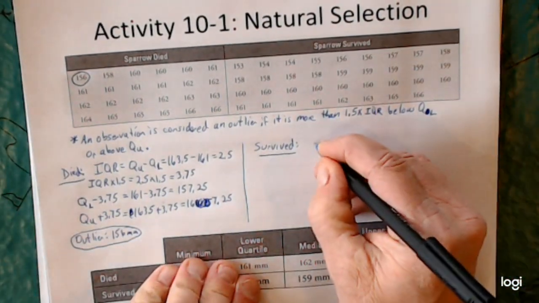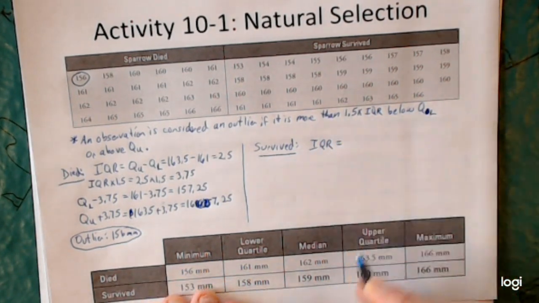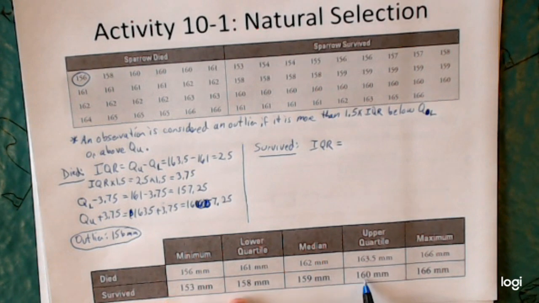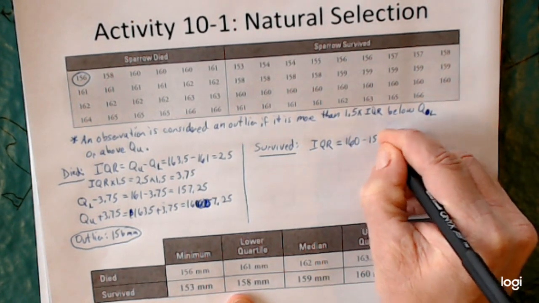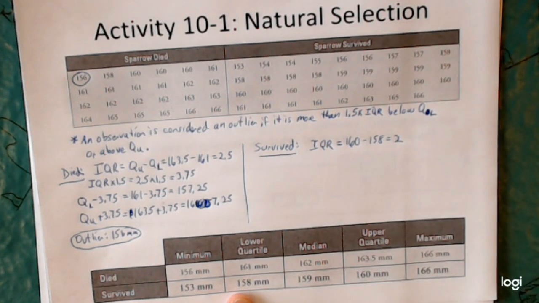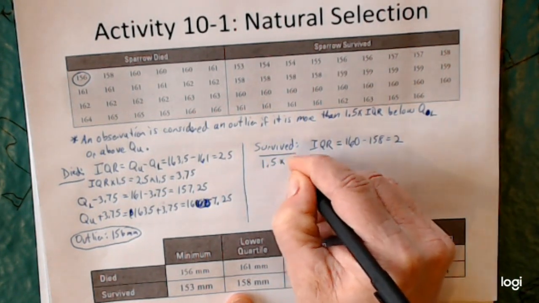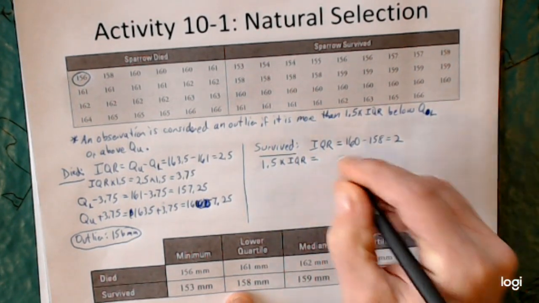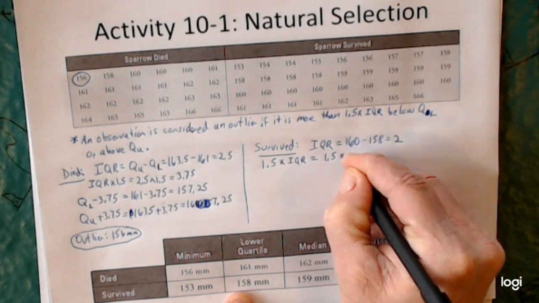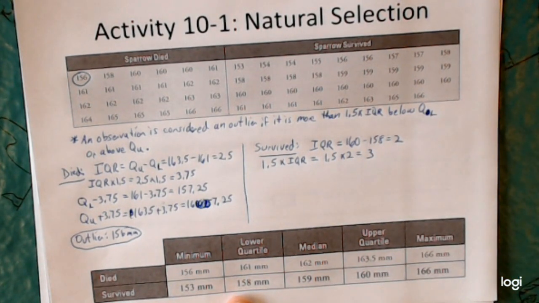Okay, so my IQR again is my upper quartile minus my lower quartile, so it's 160 minus 158, or 2. Then 1.5 times my IQR, that's the stretching. So that's 1.5 times 2, that's 3. That's a nice number to work with.